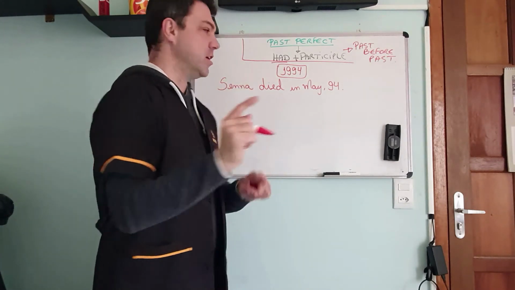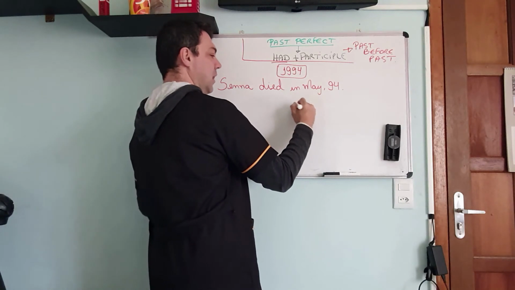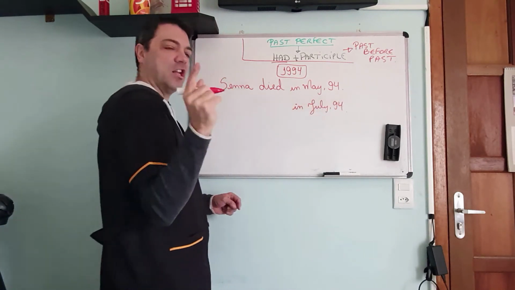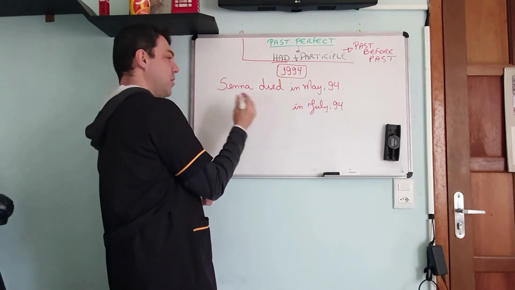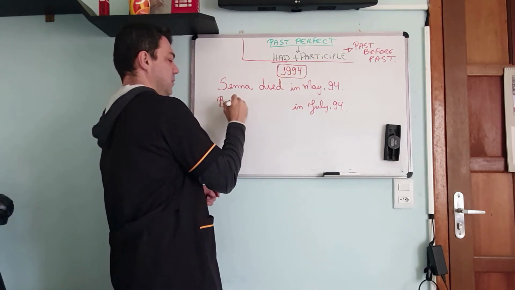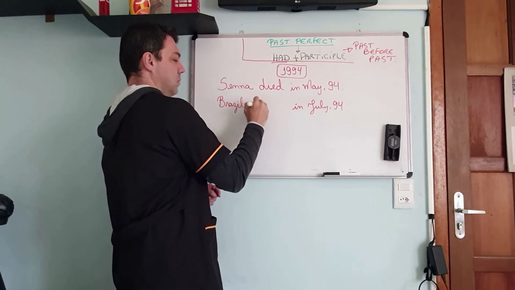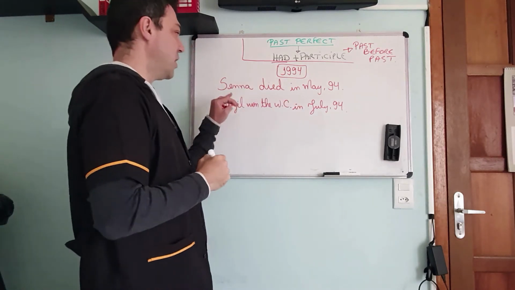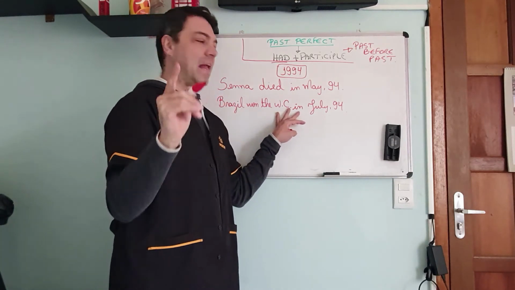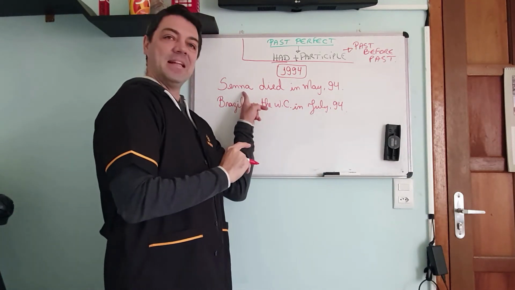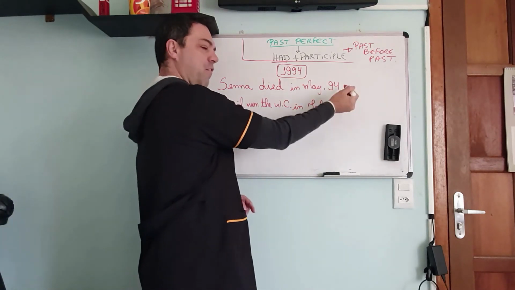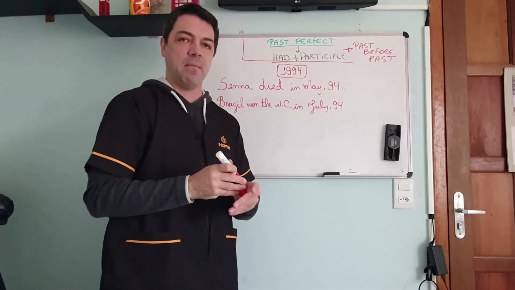The same year, but in July 94, we had another situation. That's a very good one. Brazil won the World Cup. So Brazil won the World Cup in July 94 and Senna died in May 94. You can see that both events happened in the same year.